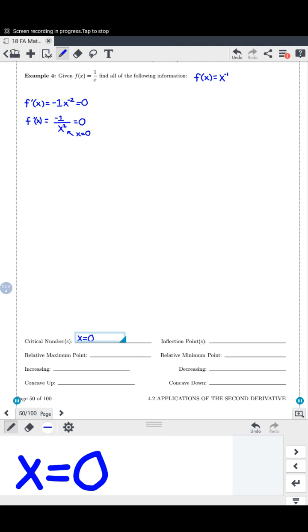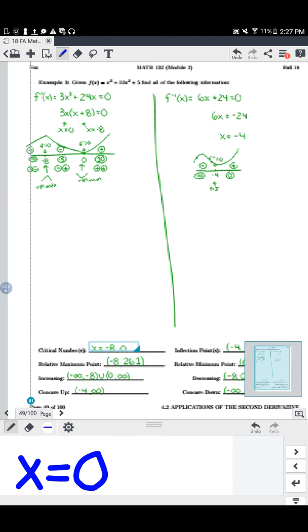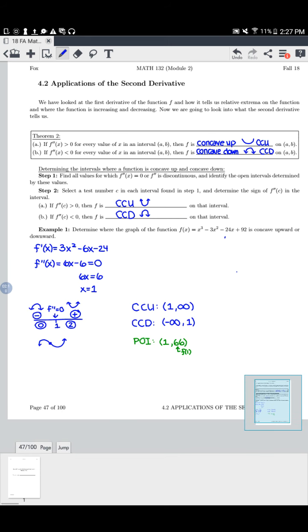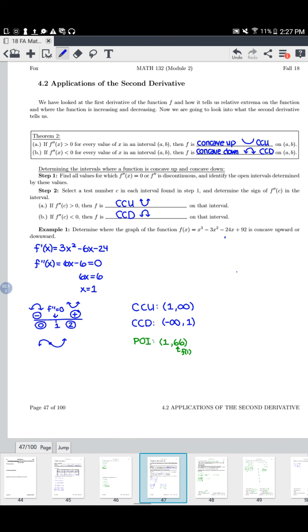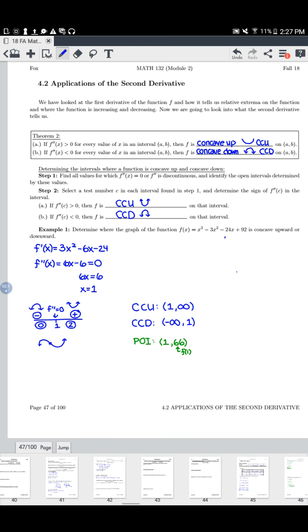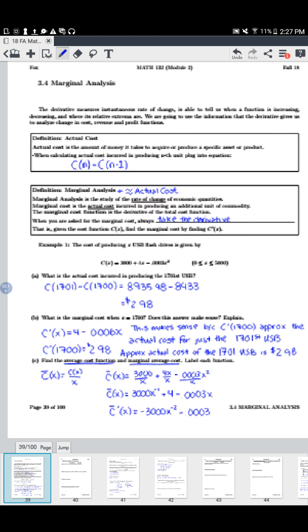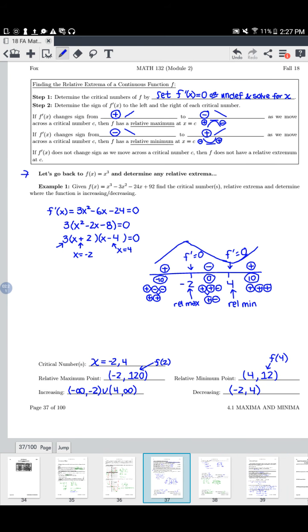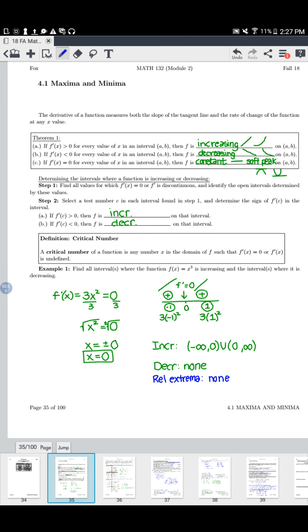But let's go back for a second into the page where we defined a critical number, which is going to be way back in section 4.1. So looking back into your notes packet, we're going to work our way back to section 4.1, which is page 35.